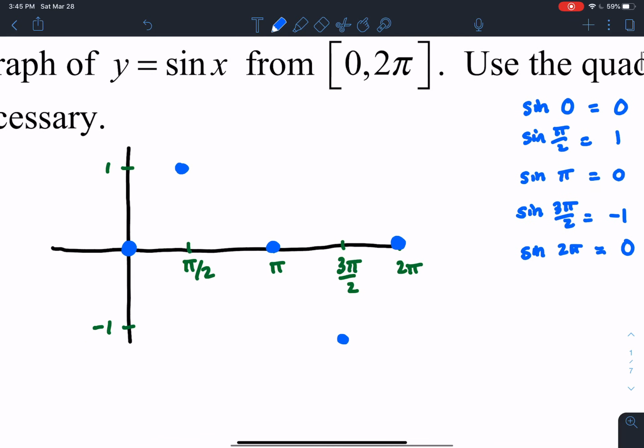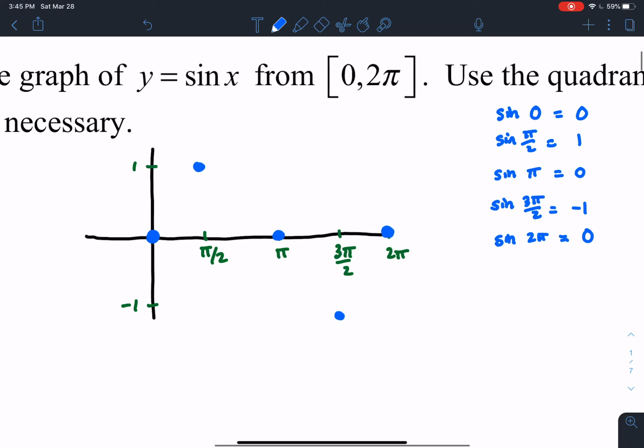What you're going to do when you graph sine now is connect the points with smooth curves. You go up, then come back down, and then go back up to 2 pi. That is one wavelength of the sine graph from 0 to 2 pi.